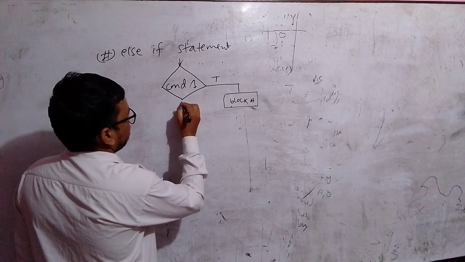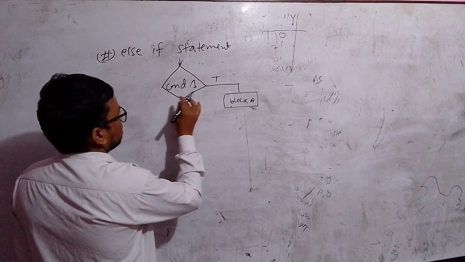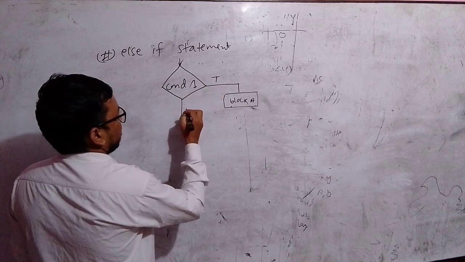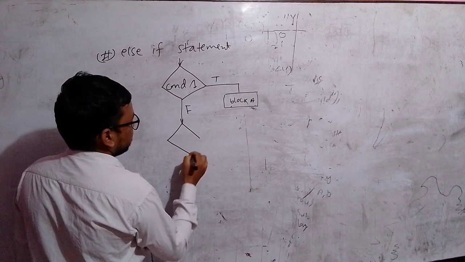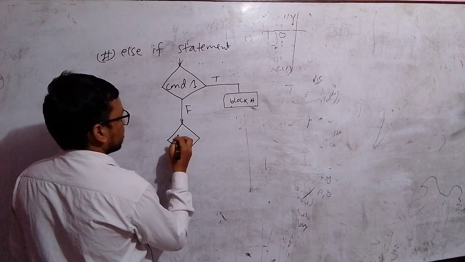If it gives false, we can draw a line from any corner. If it gives false, then the condition of the first else if statement will be checked.